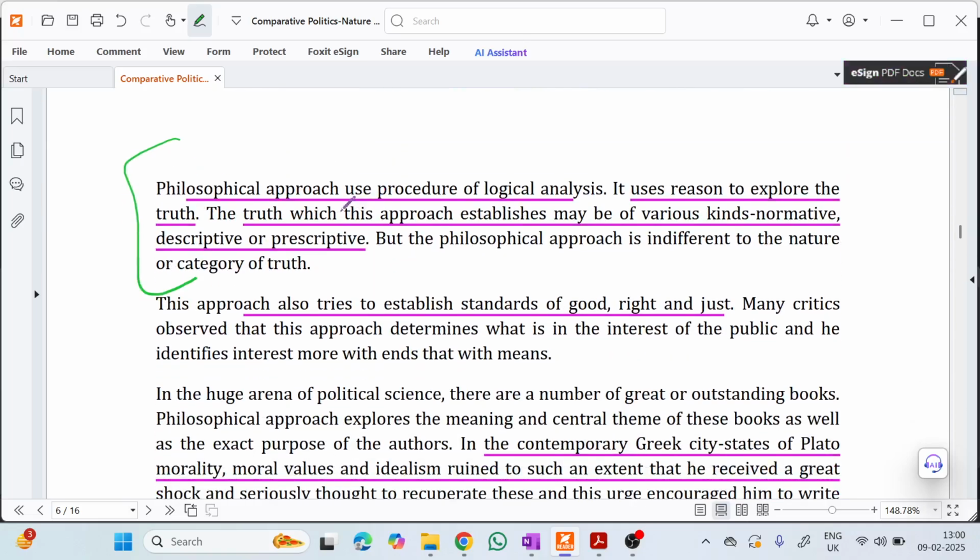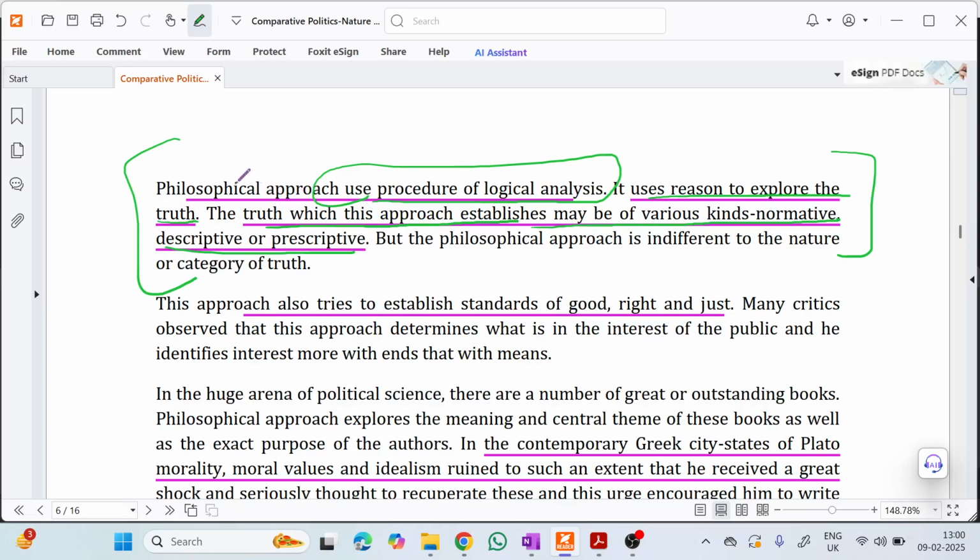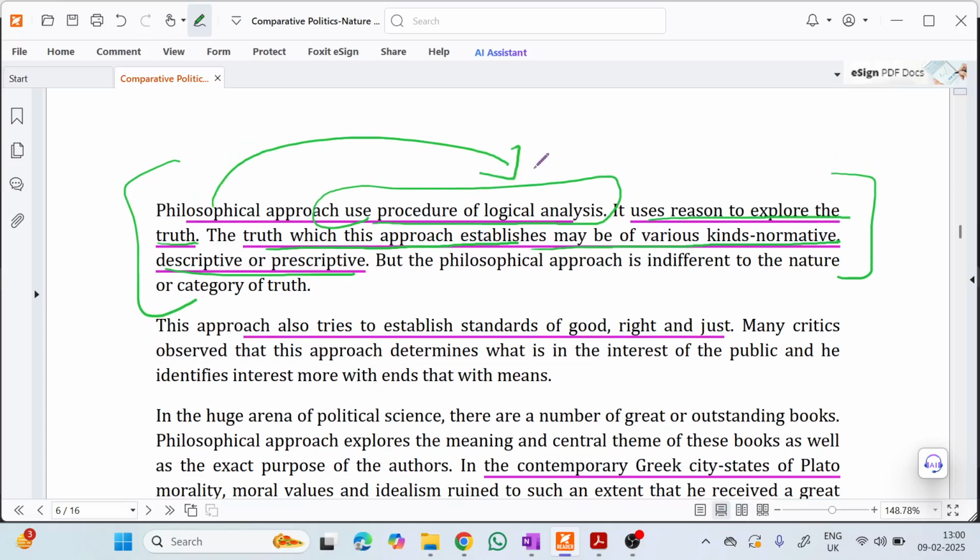Then the philosophical approach uses the procedure of logical analysis. It uses reason to explore the truth, and the truth which this approach establishes may be of various kinds: normative, descriptive, and prescriptive truth. So the meaning of this paragraph is that the philosophical approach, which deals with thought, knowledge and standards, ought to follow a logical analysis.